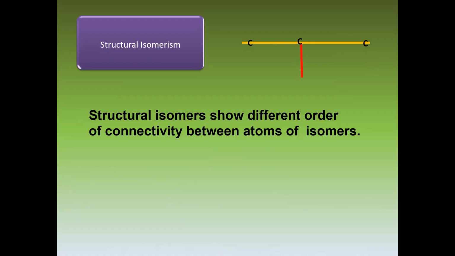That means connectivity is different. In one isomer, it may be attached with one carbon. In the other isomer, the group may be attached with carbon number 2.